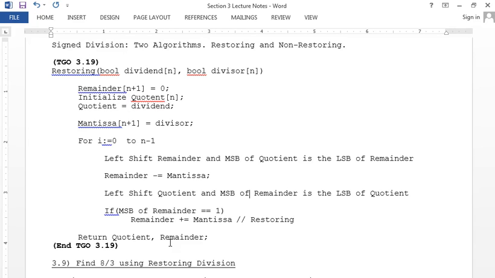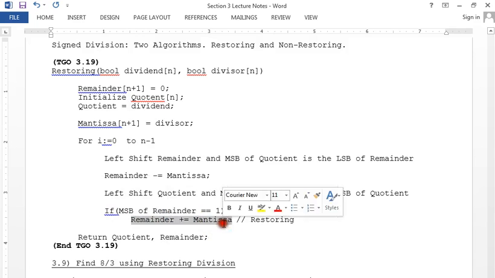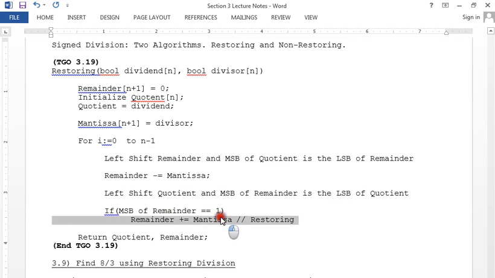Now, this step here is why we call this restoring division. If the most significant bit of the remainder at this point is 1, meaning that we've popped off a 1, we add it back. So here, we're restoring the remainder to its initial value. So before we were subtracting from it, right?